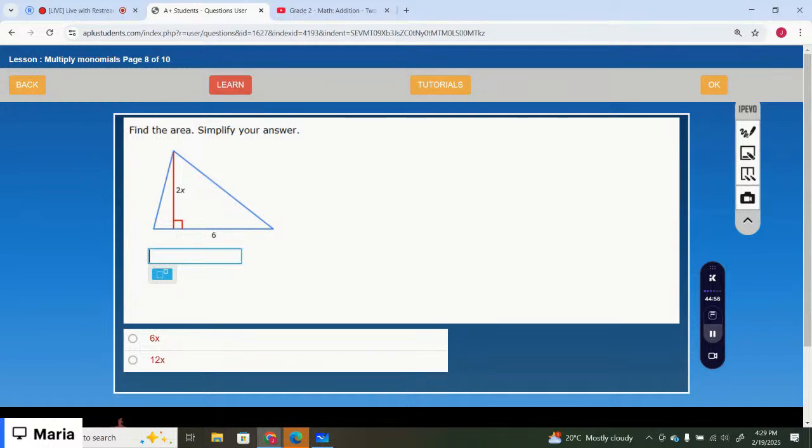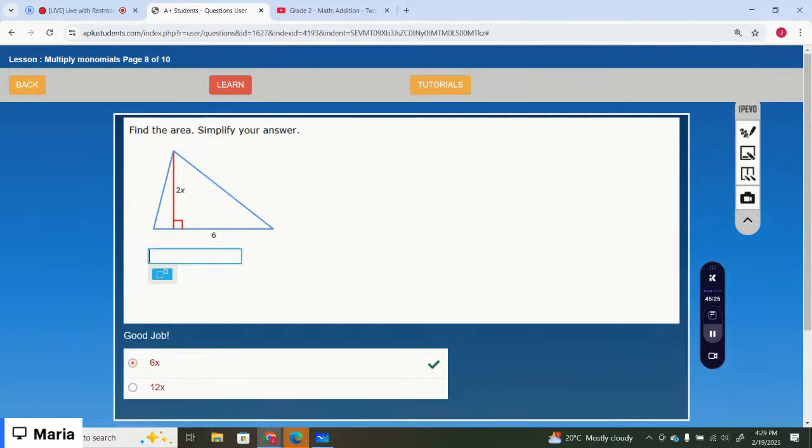Find the area. Simplify your answer. That is 6x.